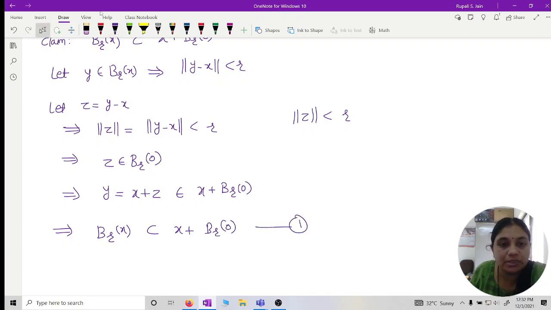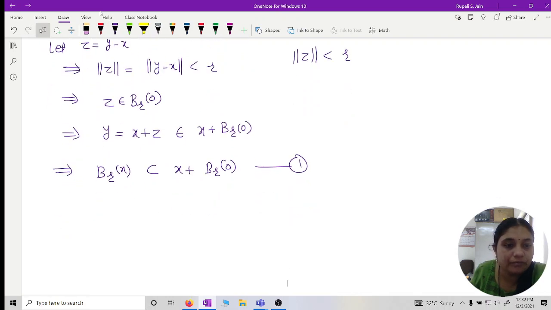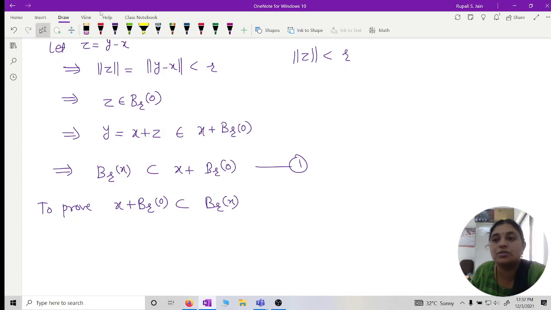Now to prove the other way, x plus B_R(0) contains B_R(x). So start with an element from x plus B_R(0).